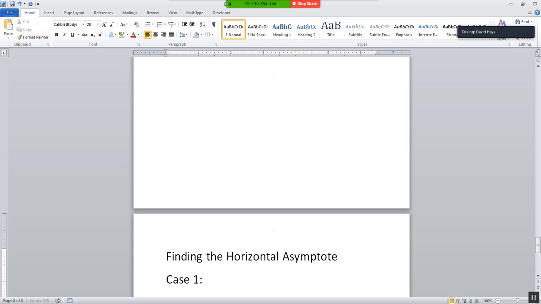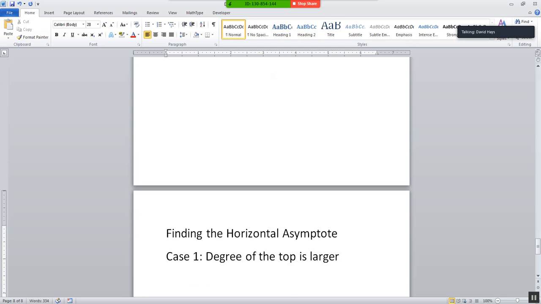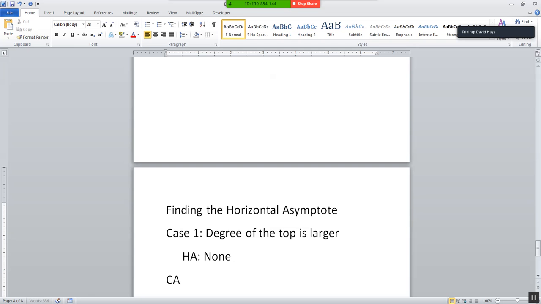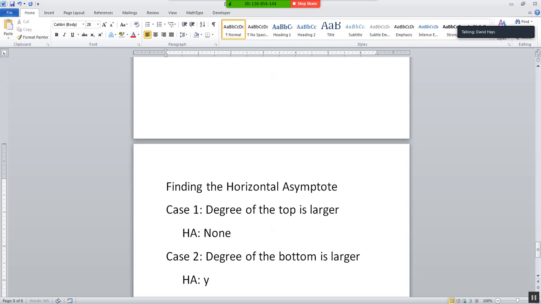Case 1, the degree of the top is larger. That means there is no horizontal asymptote. Case 2, the degree of the bottom is larger. That means a horizontal asymptote is y is equal to 0.